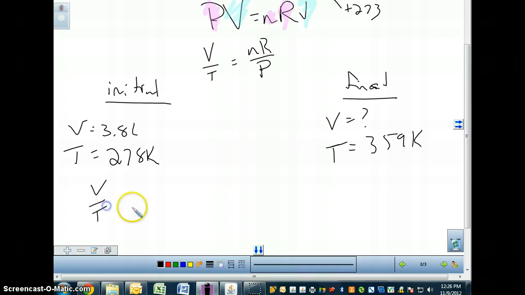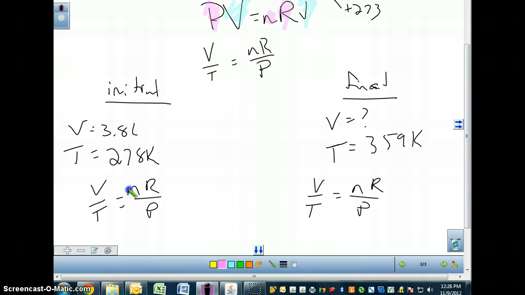Only I'm going to use the version that I derived up above, where V over T equals nR over P. And because the question tells me that the n and the P are the same on both sides, as well as the R is always the same on both sides, taking a number that doesn't change times another number that doesn't change divided by another number that doesn't change, this whole value remains the same.